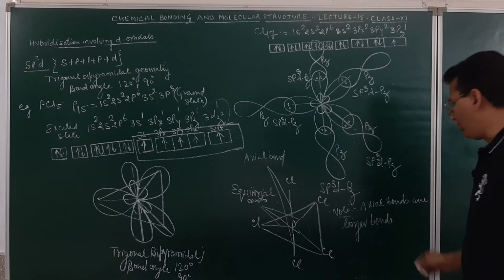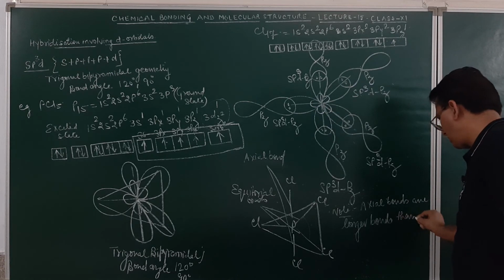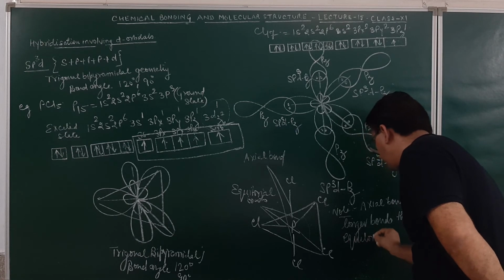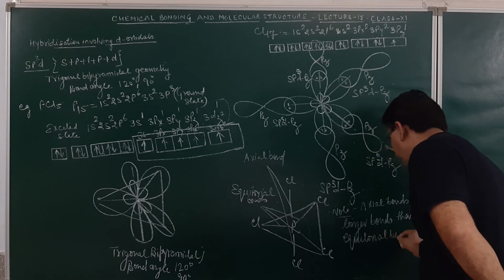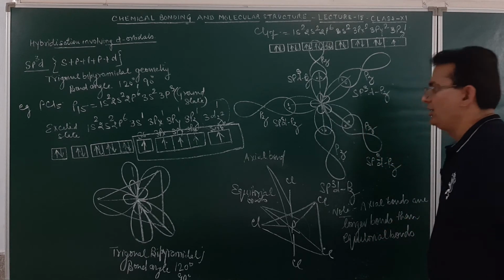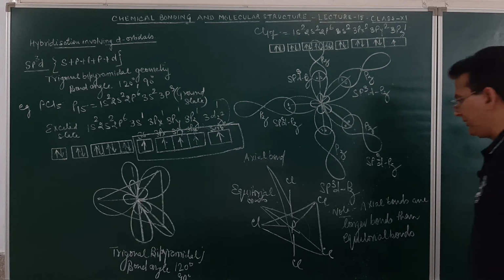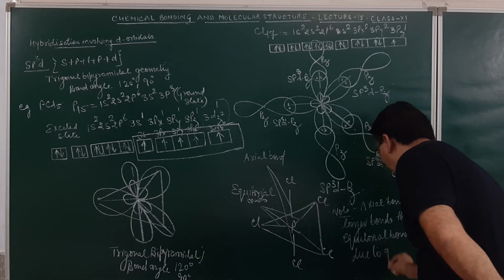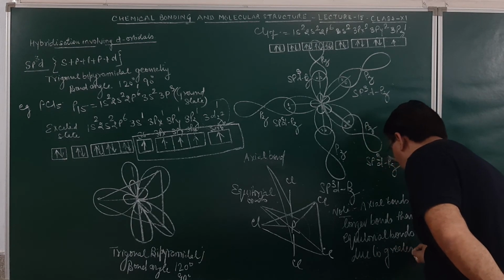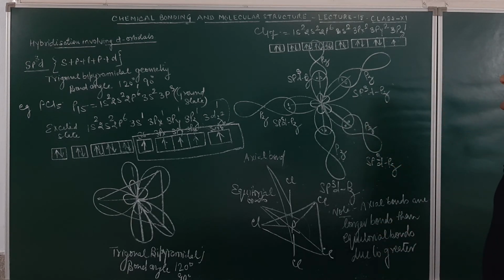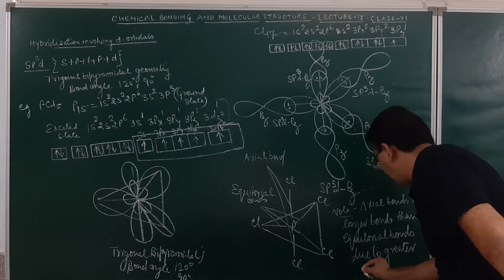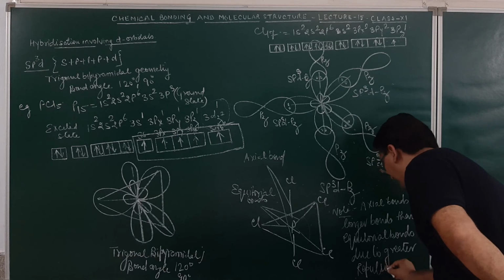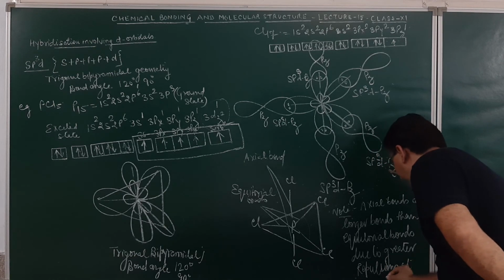Axial bonds are longer than equatorial bonds, due to greater repulsions at the axial positions than at the equatorial positions.